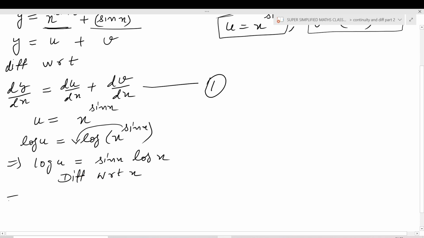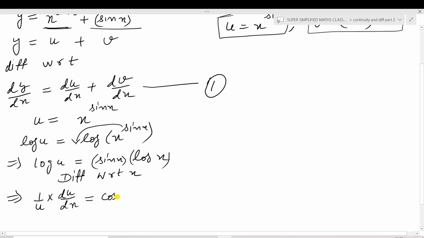The derivative of log u will be 1 by u, but we are differentiating with respect to x, so we have to differentiate u also with respect to x using the chain rule. Now sin x and log x are two functions of x, and we have to use the product rule.